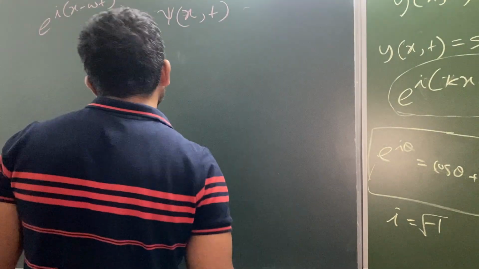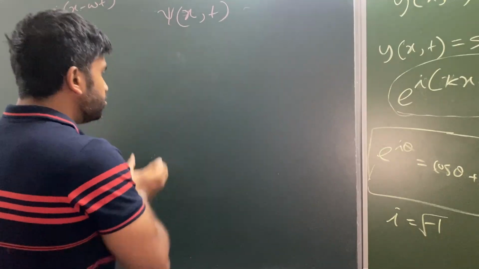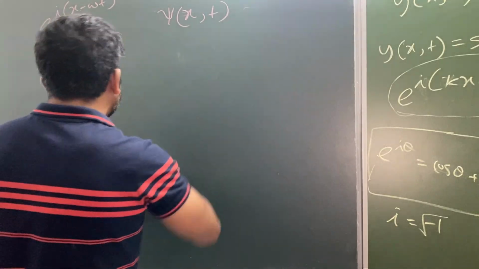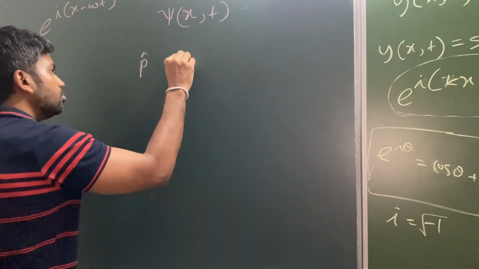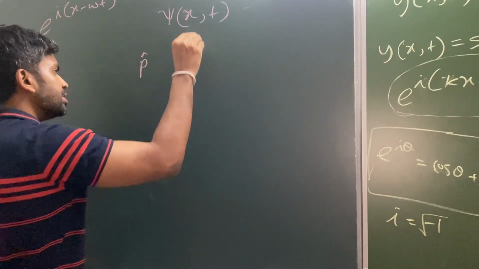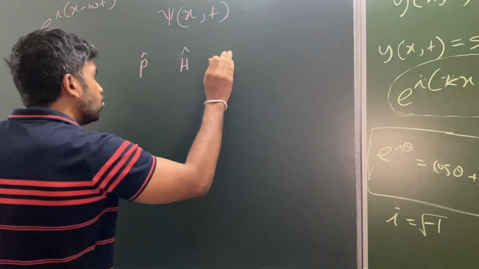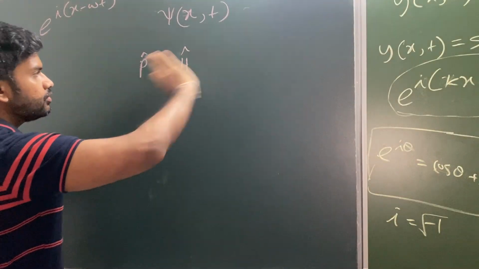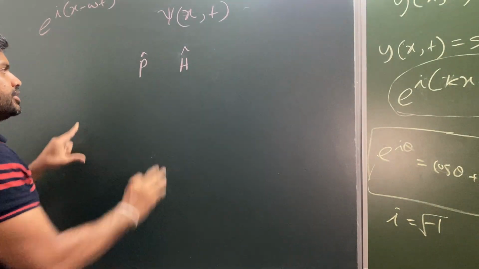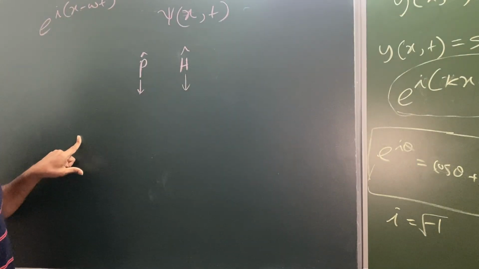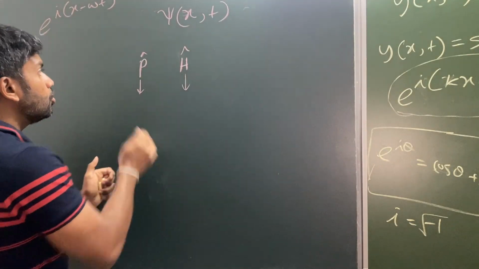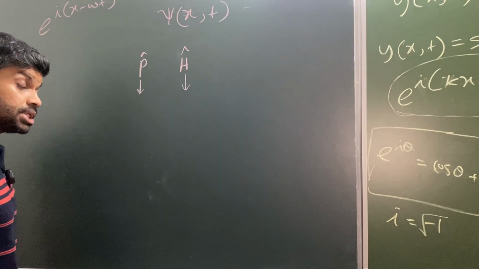And the next important thing is, in quantum mechanics, when it comes to some particular operators, for example momentum or the Hamiltonian or any sort of operator, we have plenty of operators, right? So there are some eigenfunctions. Eigenfunctions have a good correlation with these operators. Why?